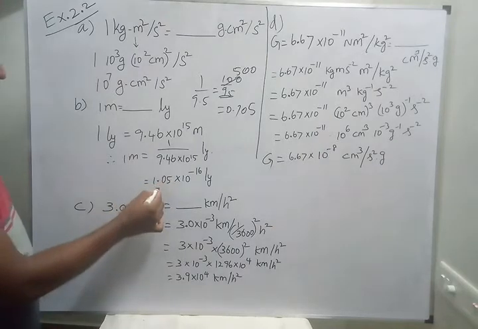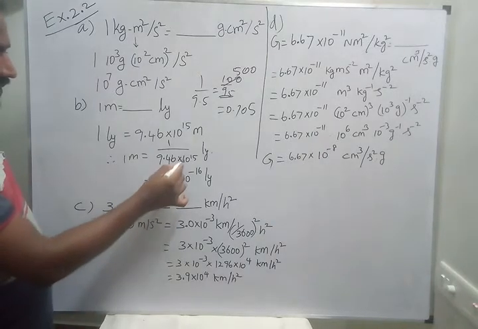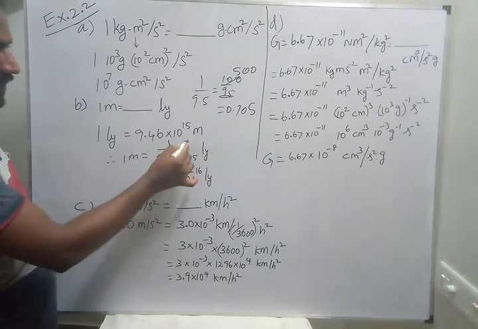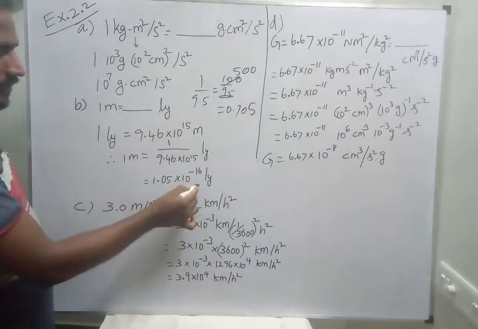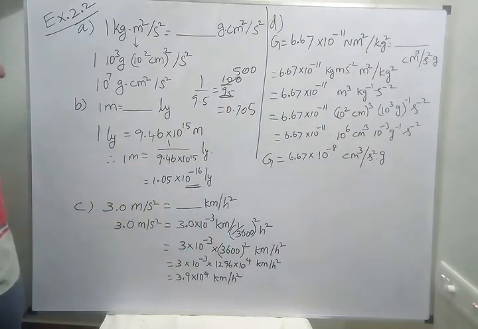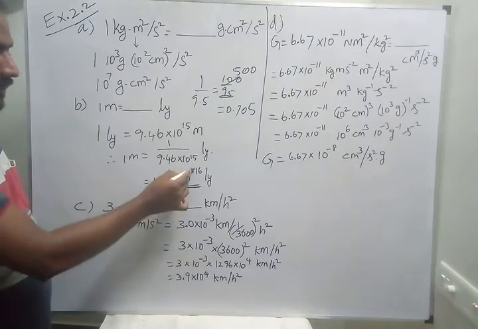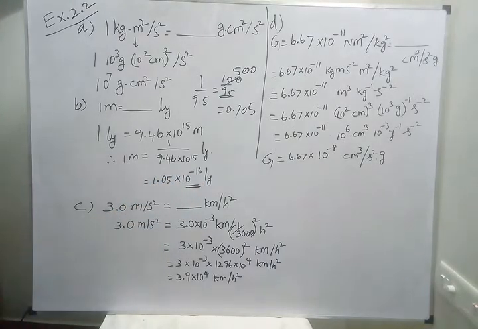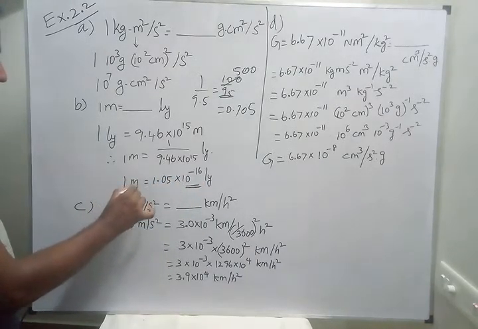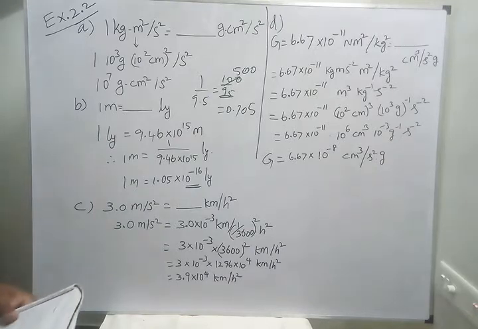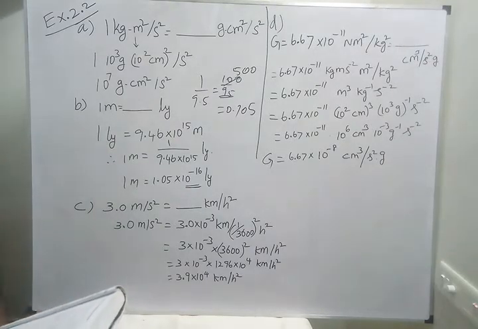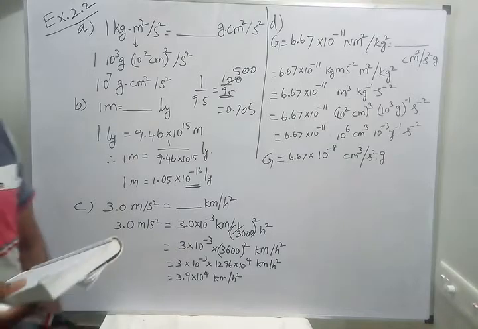That's why we are writing here 1.05. It goes to 10 to the power minus 15, so rounding up we can write 10 to the power minus 16. 1 meter equals 1.05 into 10 power minus 16 light year.